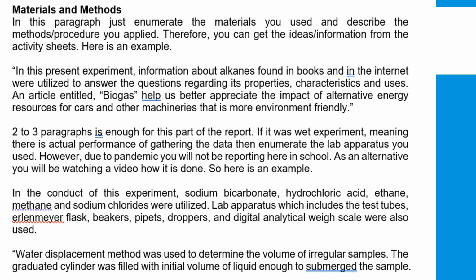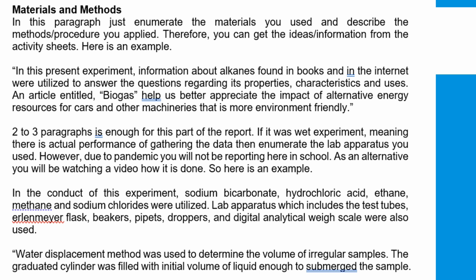Okay, so after writing the introduction, short and simple, you will now proceed with writing the materials and methods section. So here, in this paragraph, just enumerate the materials you used and describe the methods or procedure you applied in performing the experiment.